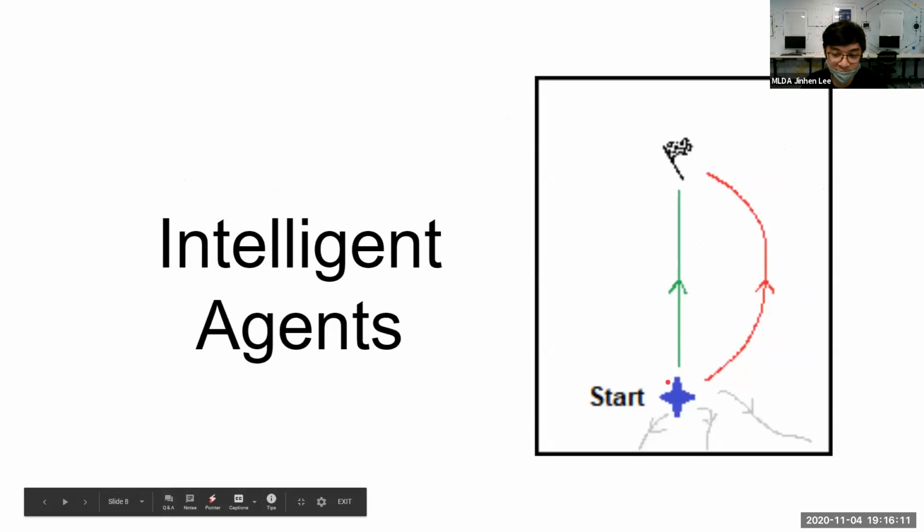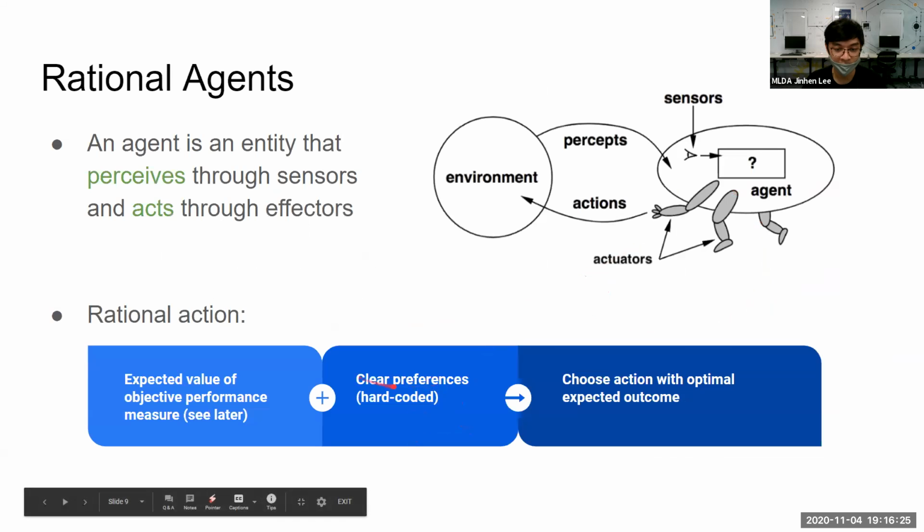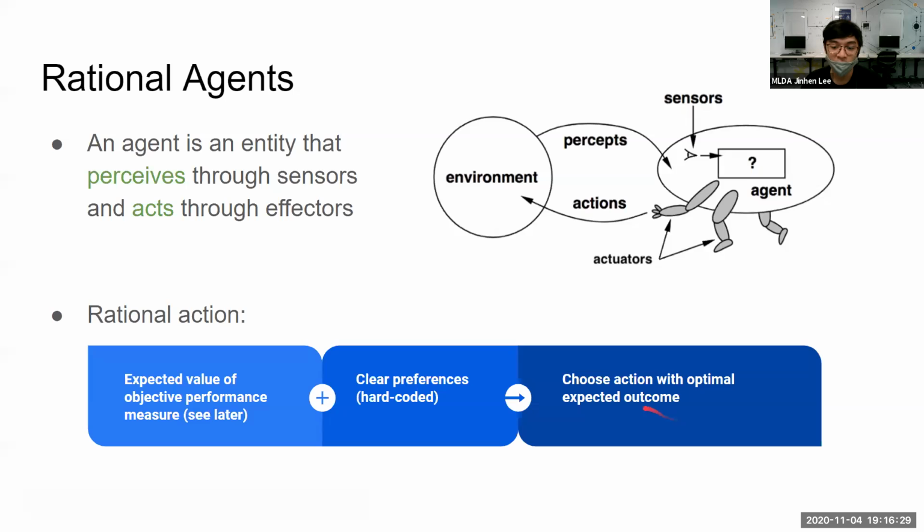You wouldn't want a machine to just keep knocking the wall. So maybe you can have an ultrasonic sensor that says you must be about 10 cm away from the wall, so you won't keep hitting the wall. That's a hard-coded preference. And in the end, if you choose the optimum outcome, that is considered a rational action.